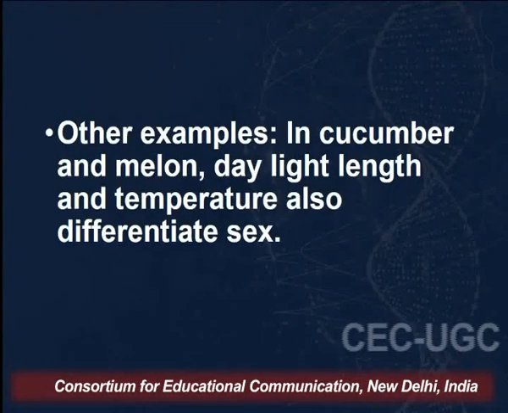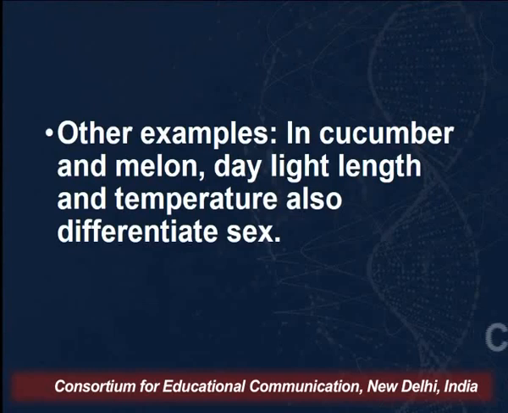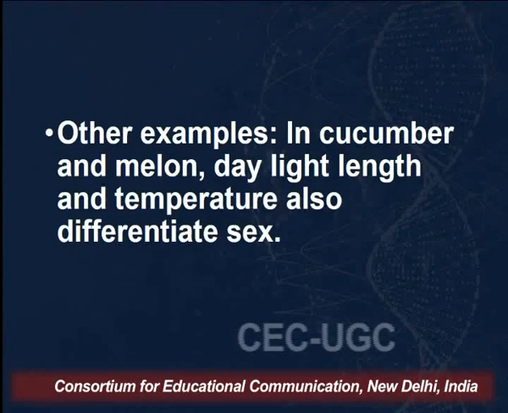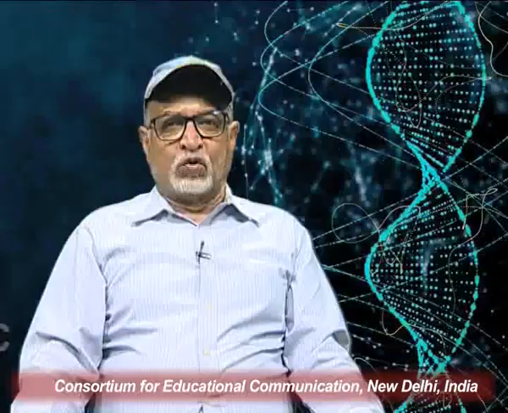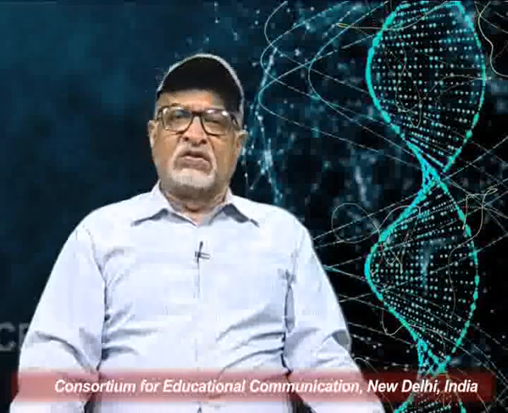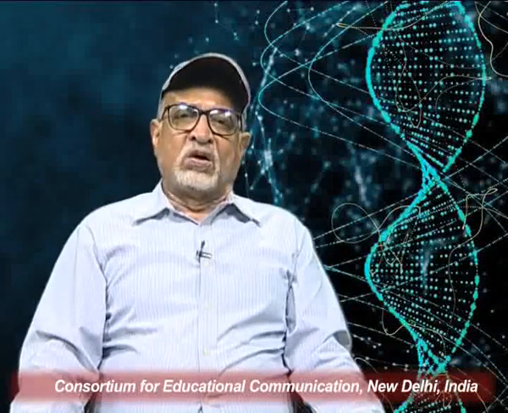Other example we could take would be of cucumber and even melons. Here the daylight, that means the photoperiod, and temperature is also the driving force to differentiate the sex of a particular plant.